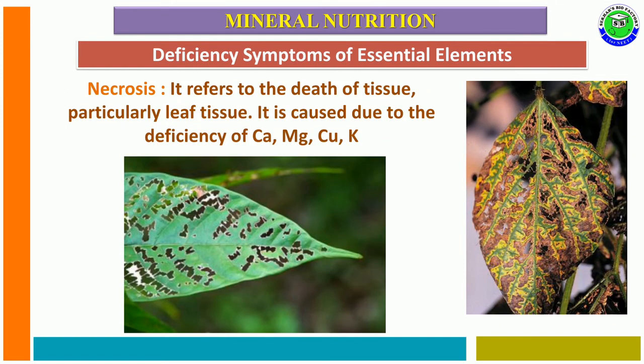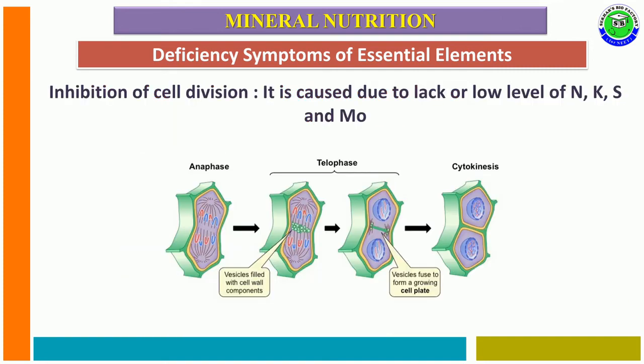Along with this, necrosis is one more deficiency symptom, and it is referred to as death of tissue. The death of tissue takes place in the leaf due to deficiency of calcium, magnesium, copper and potassium. Along with this, there is inhibition of cell division.